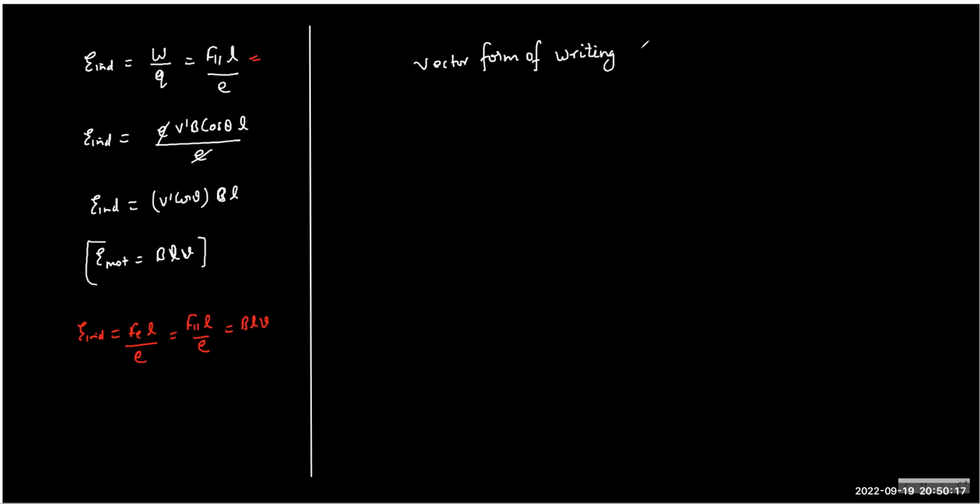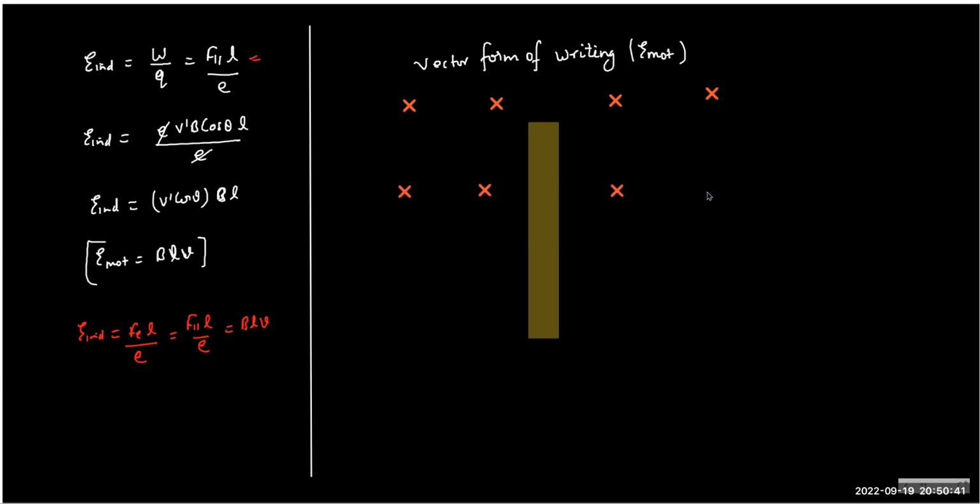So the vector form of writing motional EMF. Now this can be tricky, but it's easy to just remember. If a rod is moving in a transverse field, so B is present.